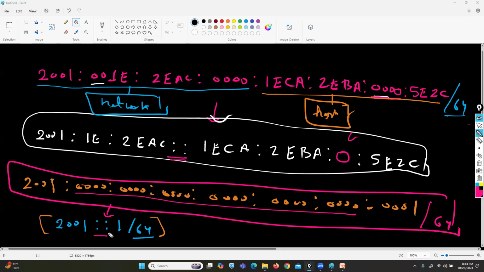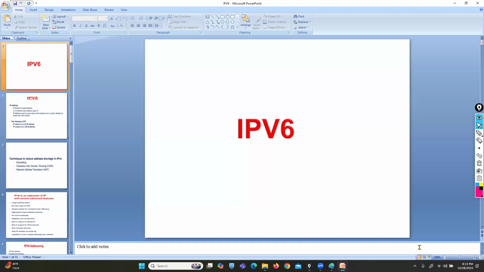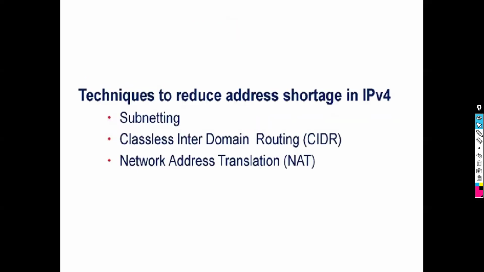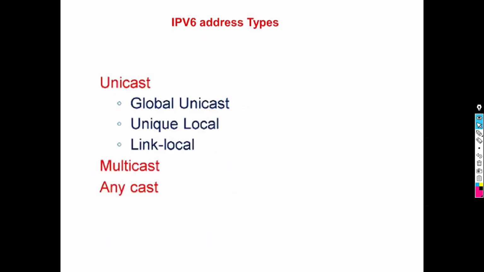Now, in IP version 6, we don't have classes. In IP version 4, we have classes, but in IP version 6, we don't have classes. In IP version 6, we have IPv6 unicast address types. Okay, let me show you. If you talk about IP version 6, we have address types.